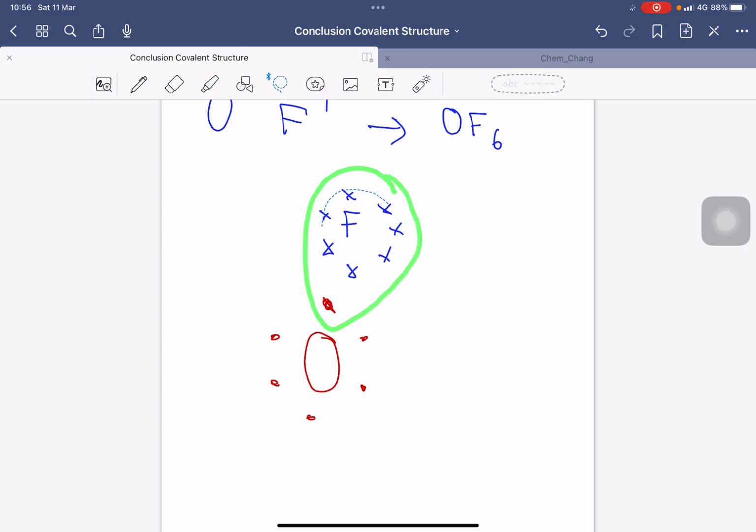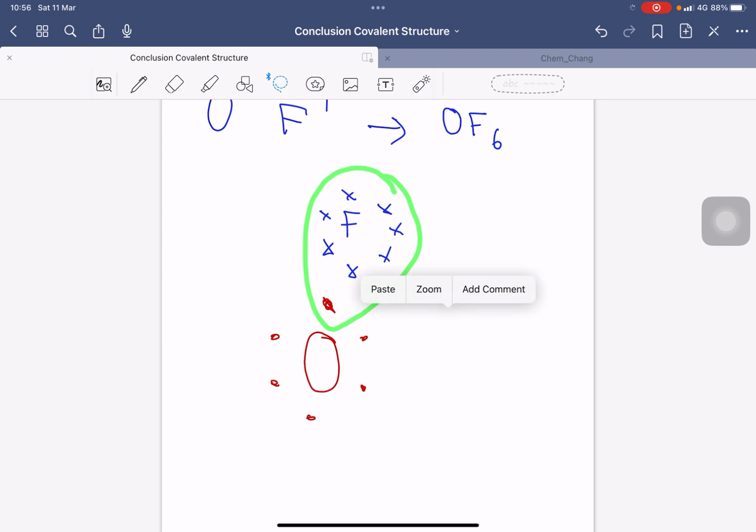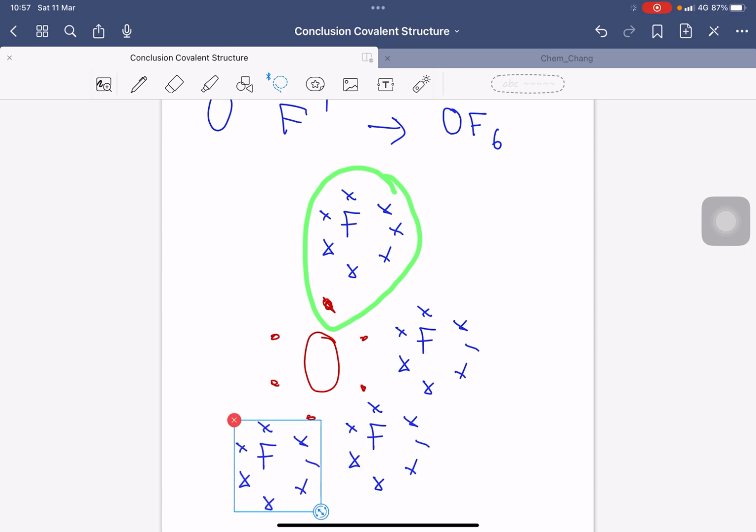So this one does not follow the octet rule. This is another thing that I will top up, not only for you to write down the right dot structure, but you still have to understand which one follows the octet rule and which molecule does not follow the octet rule also.